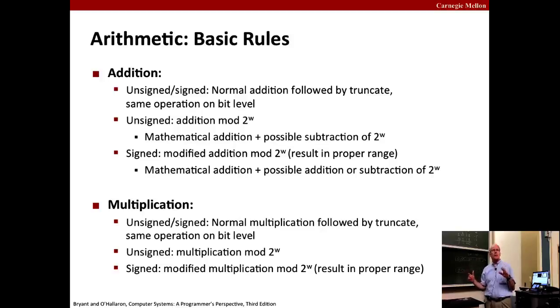And you can end up with an overflow, only one type of overflow for unsigned and 2 types for signed numbers. But it's not like they just overflow and generate random numbers. There's some pattern to what they are and how they can be interpreted.